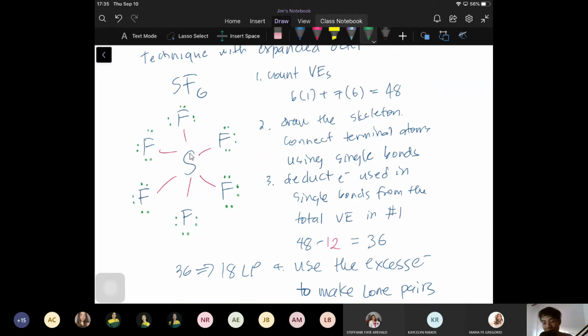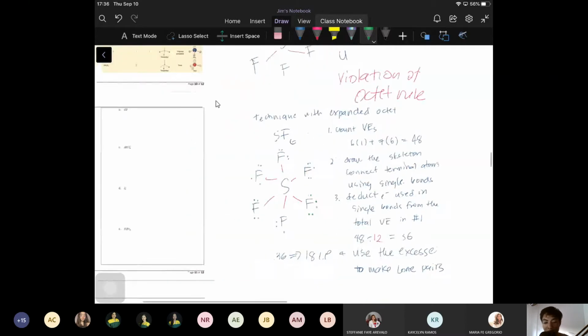Eh, this is central. So ganun lang yung idea. Terminal muna before central. Okay? And you're done with the structure. No need to solve for the formal charge, so on and so forth. As is na yan. Tanggapin natin nag-exist yan kahit may 6 bonds yan, kasi nag-exist talaga siya. Okay, so those are the violations of the octet rule.